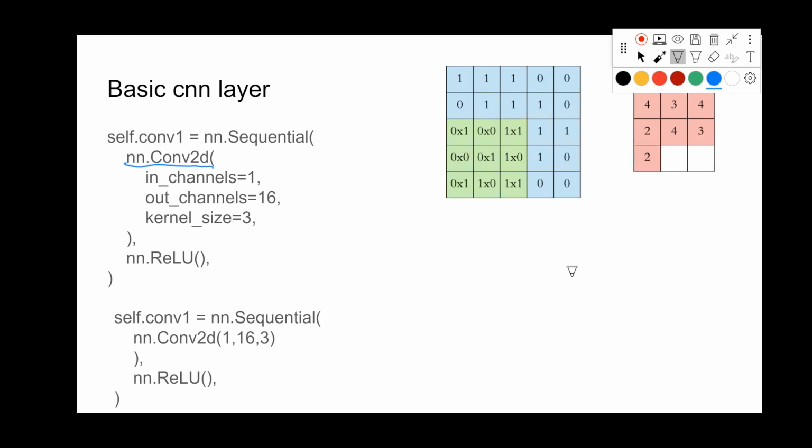We can also write the function with positional parameters so that the program looks more concise. We just put the input channel, output channel, and the kernel size as the first three arguments for the Conv2d function.